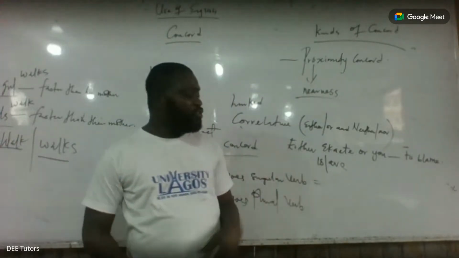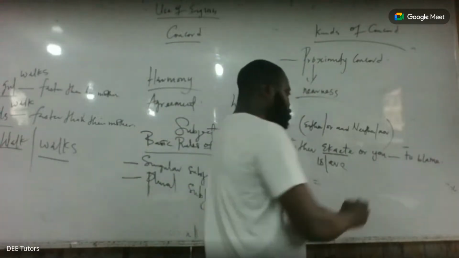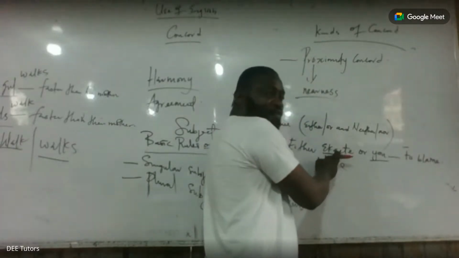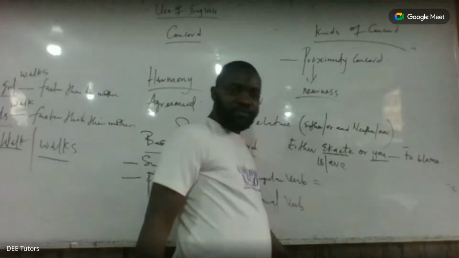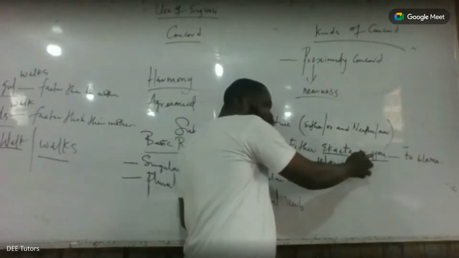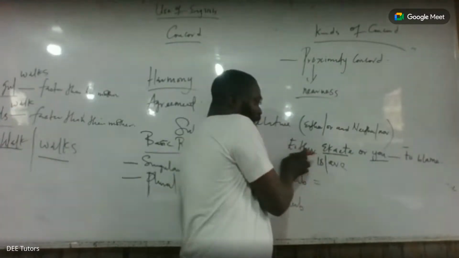Now, where do we have the subject? Ekaete is the subject of the sentence. You is also a subject of the sentence. Both Ekaete and you. Are you with me? Ekaete and you are linked together by the use of either and or.